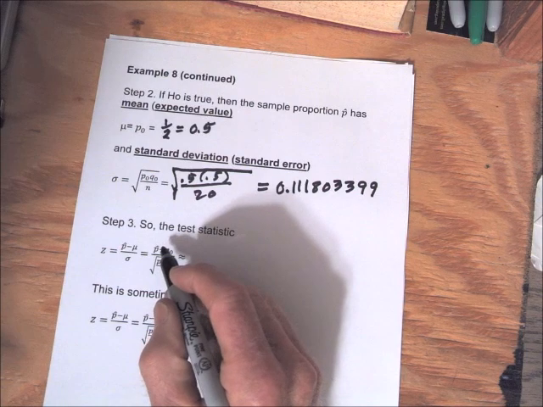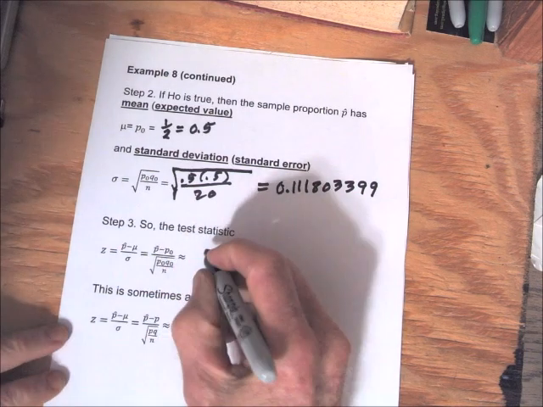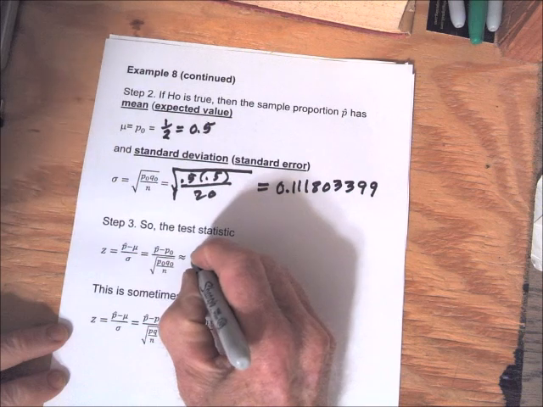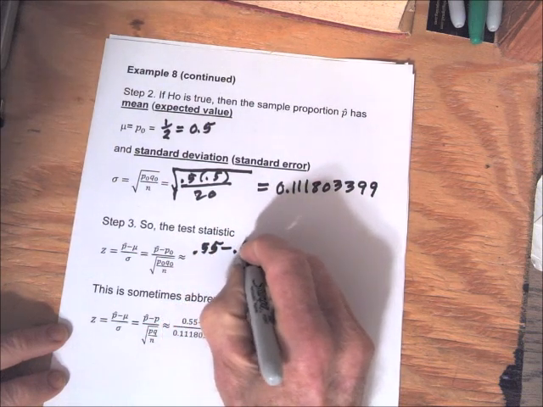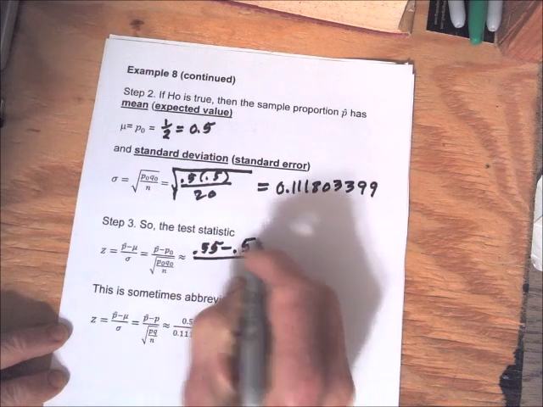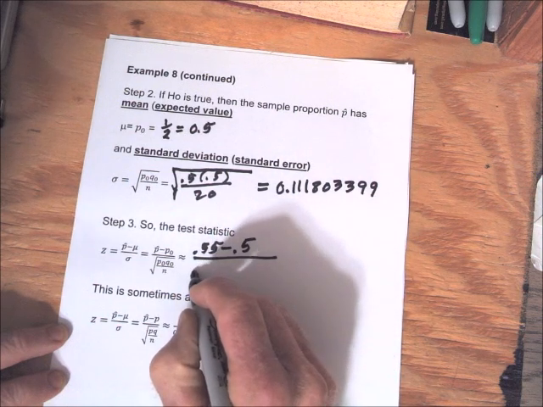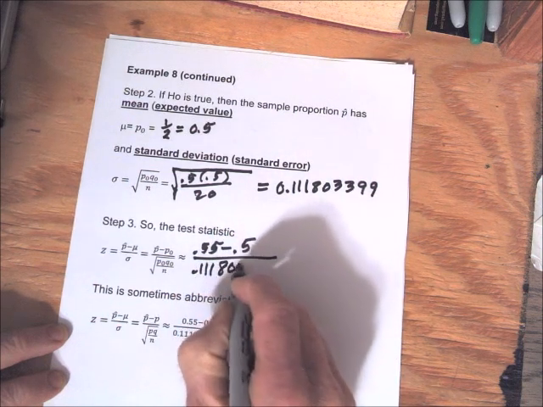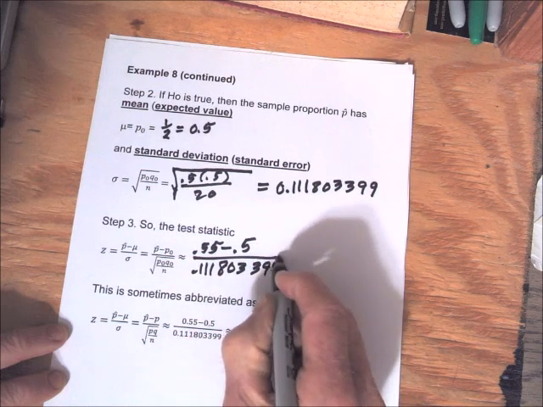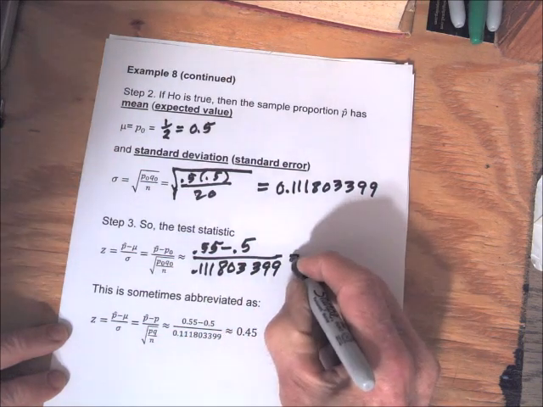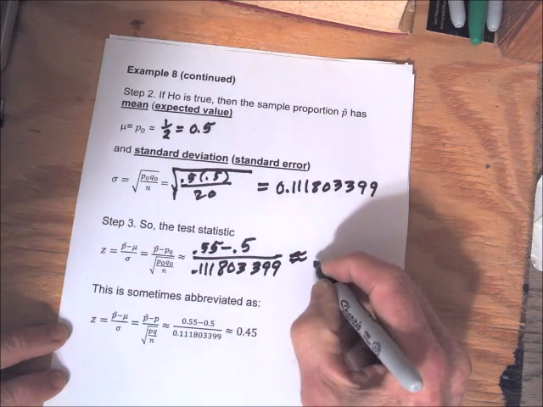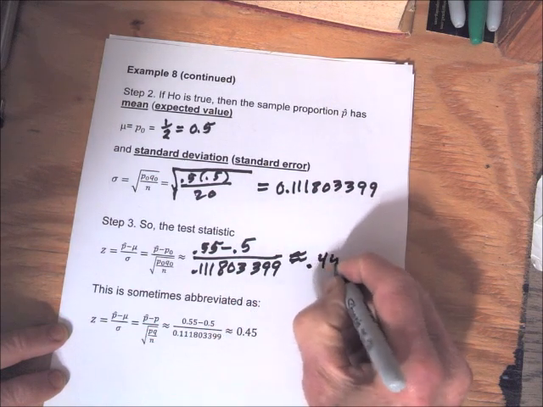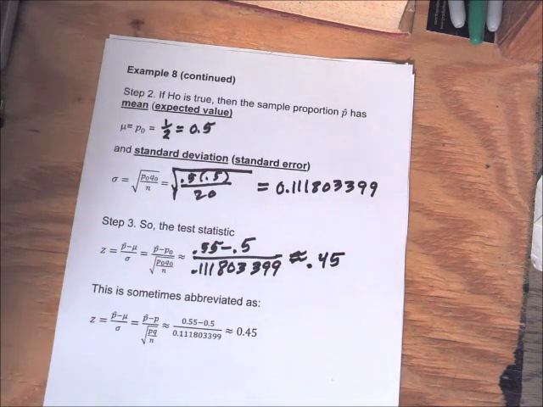Our score here is the sample proportion, which is 0.55, and the mean of p hat, if the null is true, is 0.5, and the standard deviation we just computed was 0.111803399. So do the subtraction first, and then divide, and this comes out to be approximately 0.45. So our test statistic, or z-score, is 0.45.